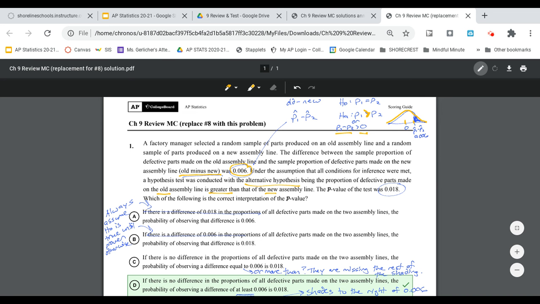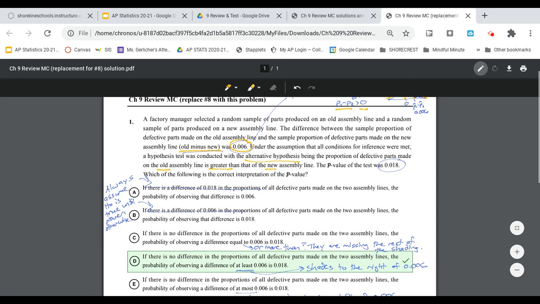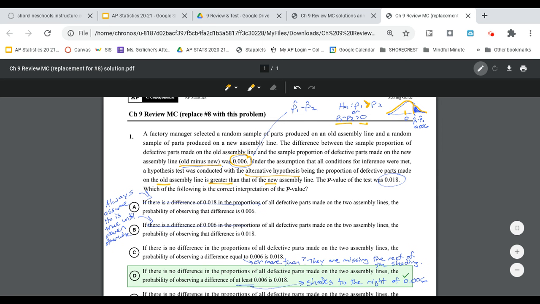So that's above 0. So anyway, here's your graph. And I guess I will say it now. If you think of it as P1 minus P2 greater than 0, that is also a different way to say, hey, our shading is up on the upper side, the right side.